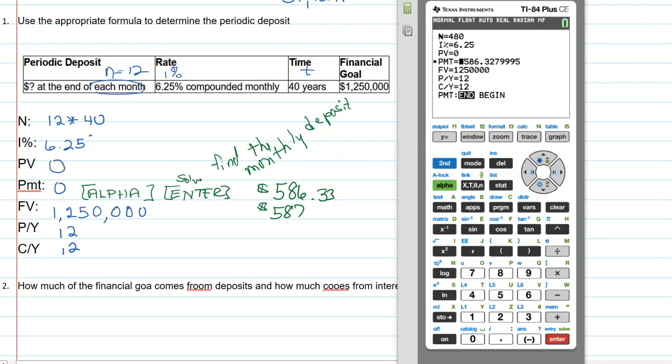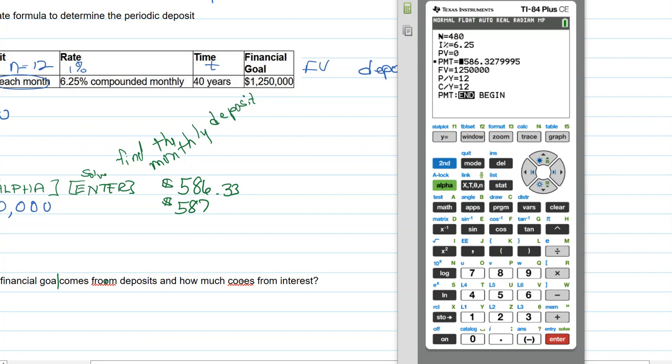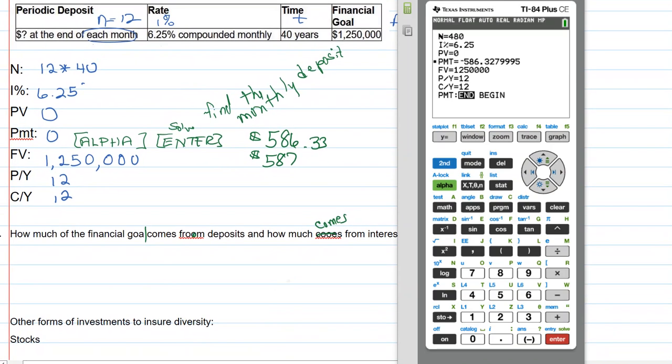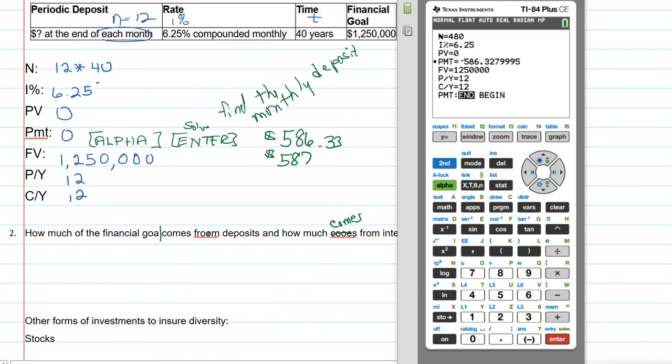Okay. How much financial goal comes from, oops, typo, deposits, and how much comes from interest? Here we go. Our deposits are going to be the 587 times 12 times 40.